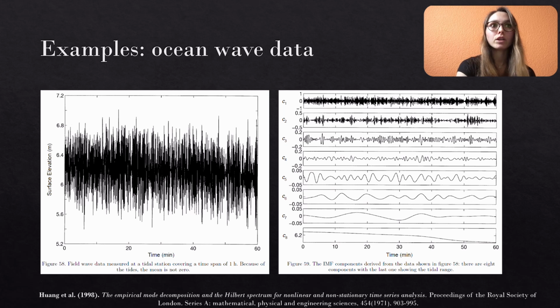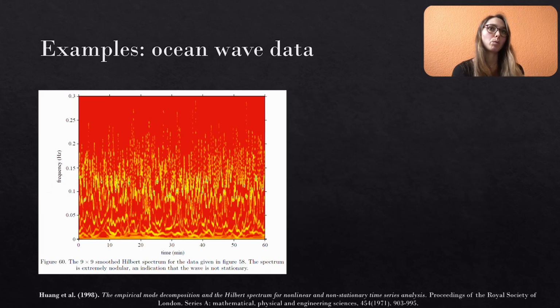But for the moment, it is less important that you know how to calculate the Hilbert spectrum mathematically. Just look at this figure here, which shows the Hilbert spectrum of the IMFs obtained from the ocean wave data. The time steps are plotted on the x-axis, while the frequency values are plotted along the y-axis.